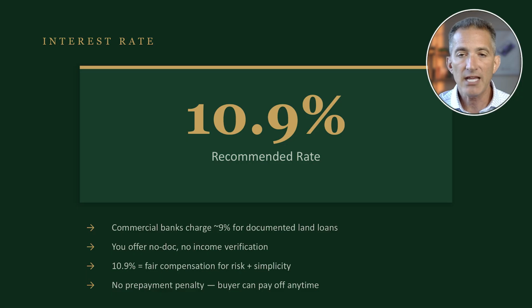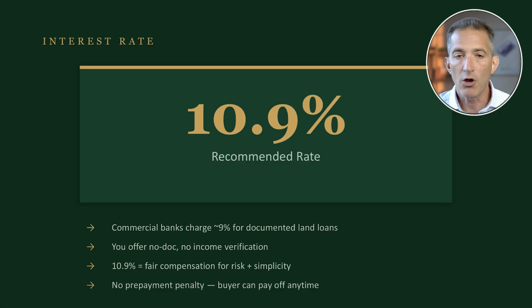Now you can exceed 10%, but make sure you check your state's usury laws to ensure you're in compliance. Some states have caps on interest rates for private loans. Don't violate these laws. The penalties can be severe. If a buyer pushes back on the 10.9% interest rate, remind them there's no prepayment penalty.